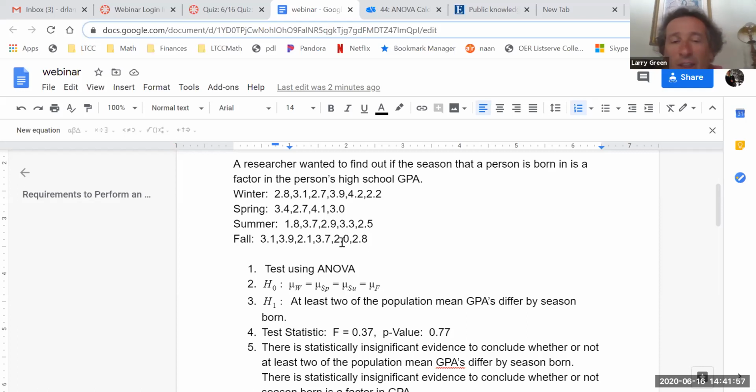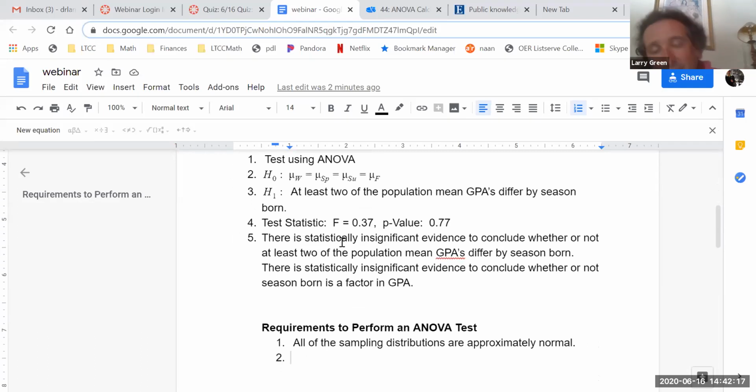There aren't that many people that have a 2.0 GPA, let's put it that way. There's a lot under 2, and there's a lot over 3. So that's why you don't have a normal distribution, where the mean is actually hardly represented. So that's what's going on for GPA. But again, you don't have to know that for this class. But you can study it, you can research it, and you'll find the same thing.